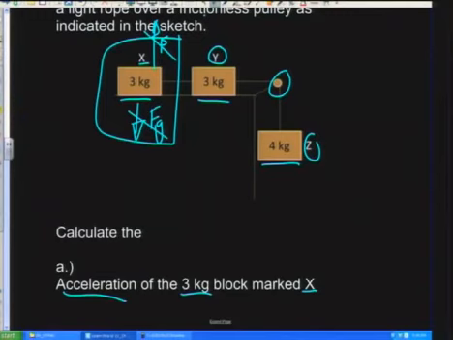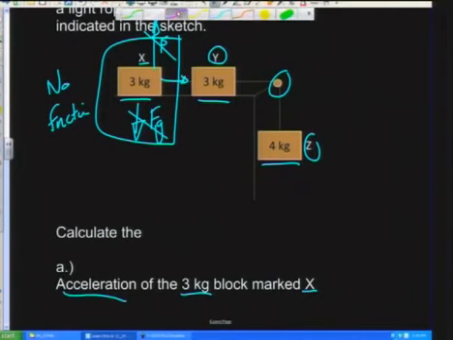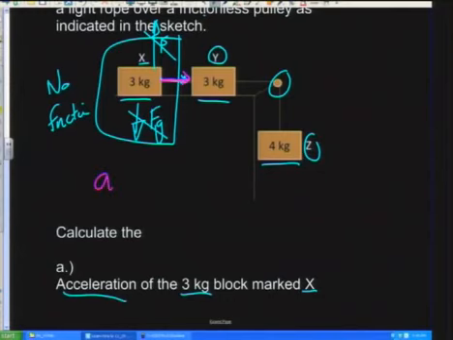The thing that we need to remember is that there is no friction. And if there is no friction, that means that the only force that's acting on this block is in fact a force in that little rope that's going to pull it in that direction. So how are we going to work out the acceleration? We're going to say the acceleration is equal to the resultant force divided by the mass.